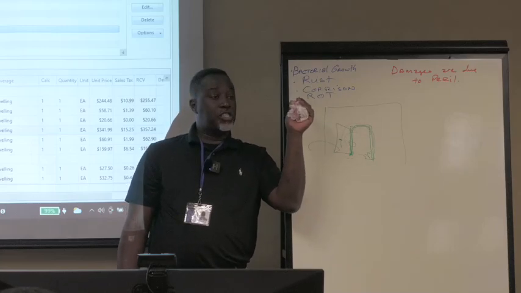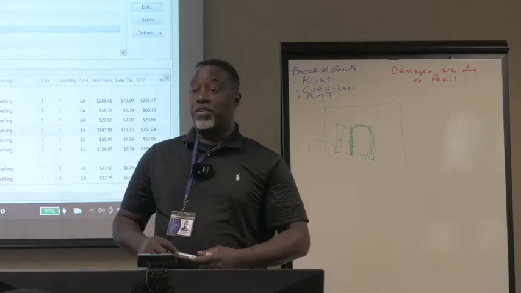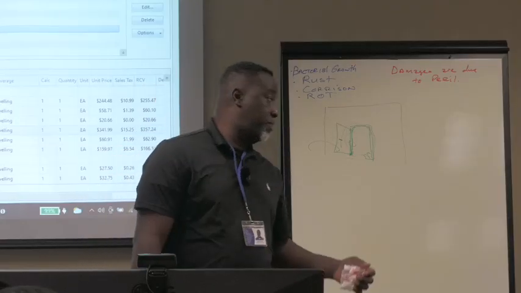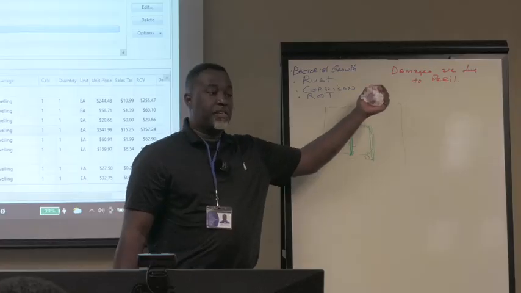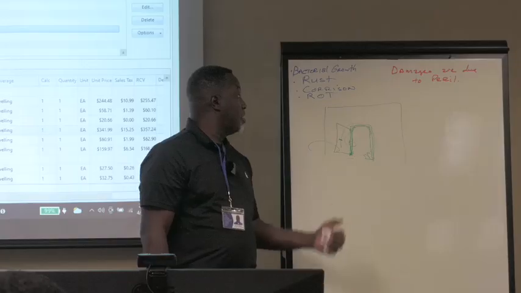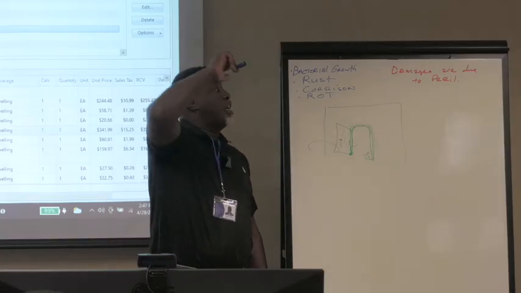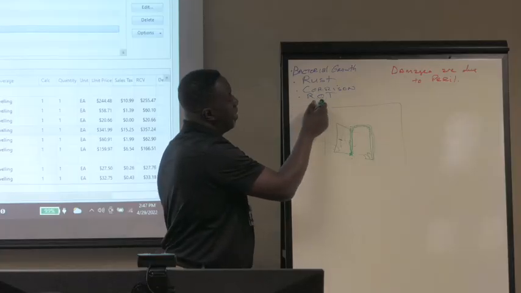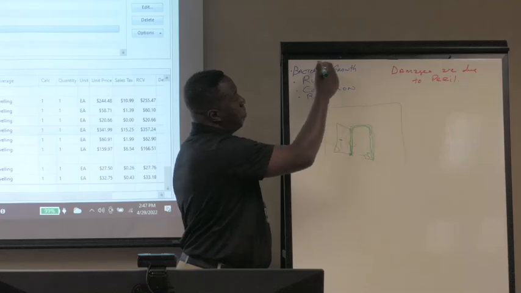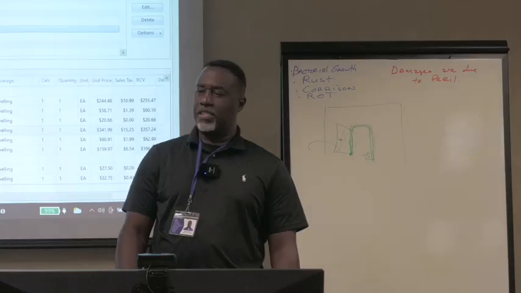Are we going to argue with the insured? No. We're going to say, okay, I'm going to make sure I document that for you. Okay? Take a picture of it, and in your notes, in your pictures, note signs of rot displaying that this has been there before. Or if you want to use a good phrase, say: damage not related to this claim appears to be pre-existing due to the amount of bacterial growth, rust, corrosion, or rot.